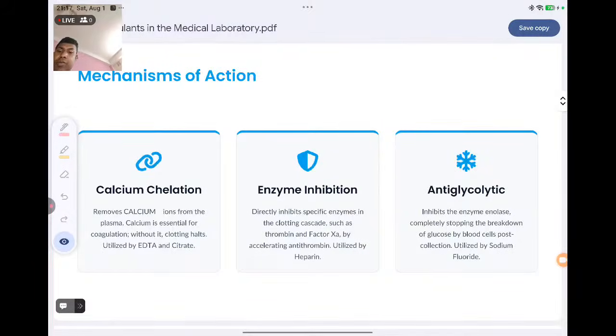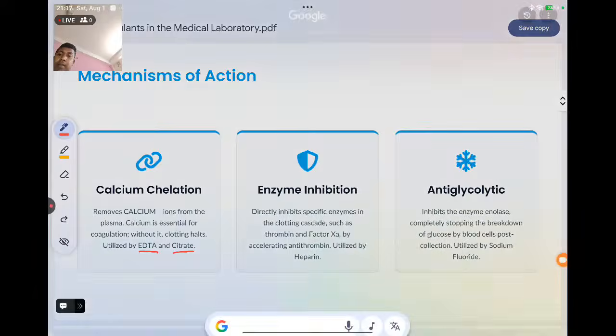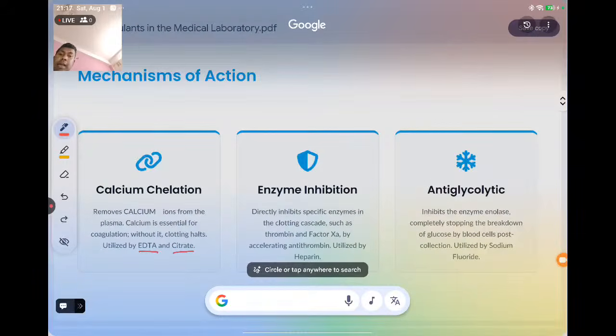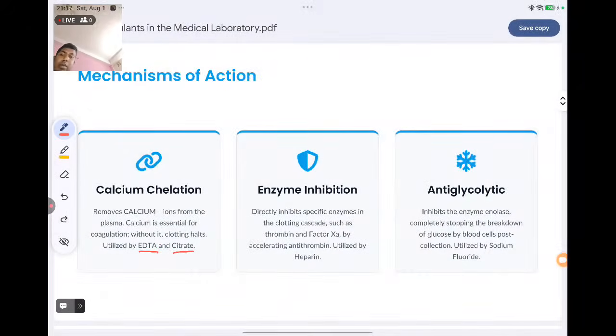So when we are collecting the blood in the EDTA or citrate tube, the EDTA and citrate tube helps in chelating calcium ions, because calcium is a very essential element which helps in coagulation of blood.